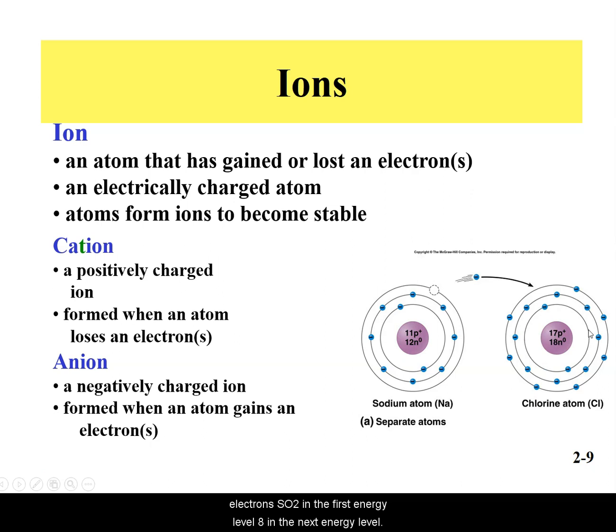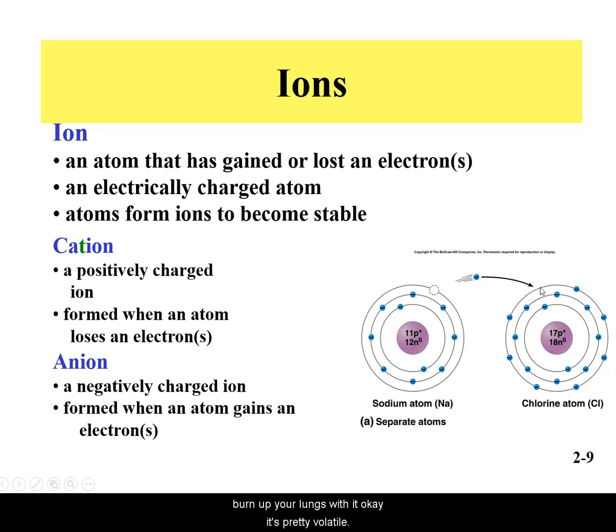So 2 in the first energy level, 8 in the next energy level, and 7 in its valence shell. Okay, so it's missing one, so it's somewhat volatile too. You know, it's dangerous to work with chlorine at a swimming pool. You have to be very careful, or you burn up your lungs with it.